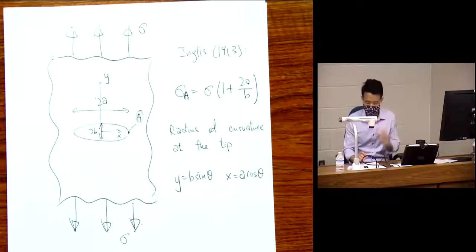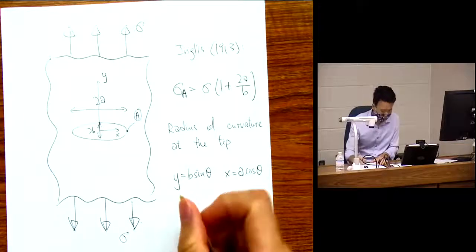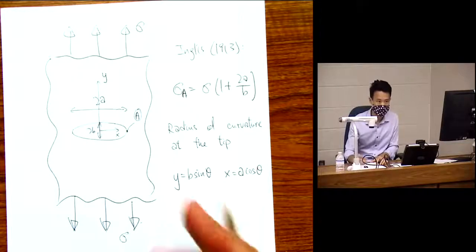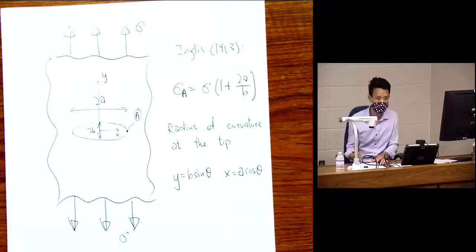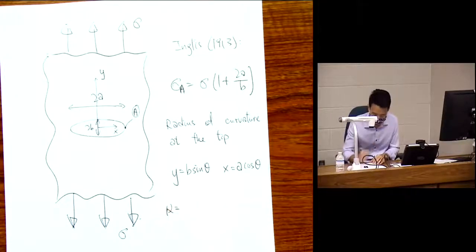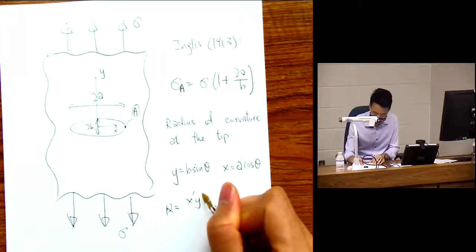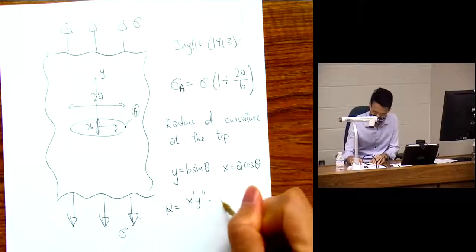And if you refresh your memory on perhaps calculus 2 or calculus 3, when you differentiate a curve, you can find its curvature. But now you have the x and y coordinate of that equation. You can express the curvature by the derivatives.